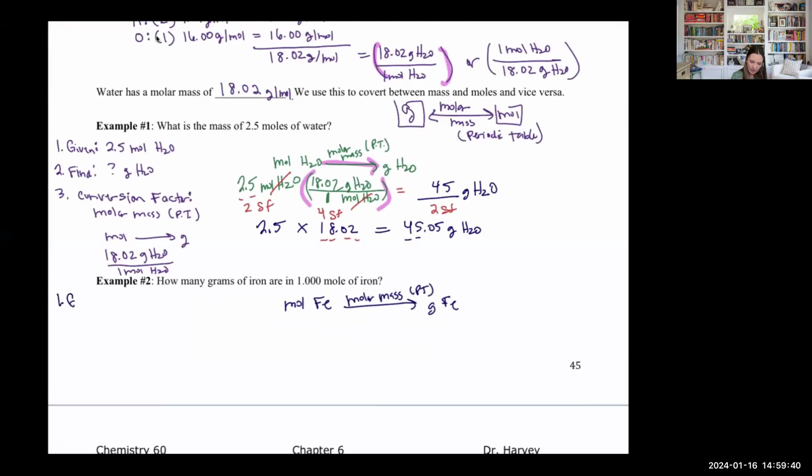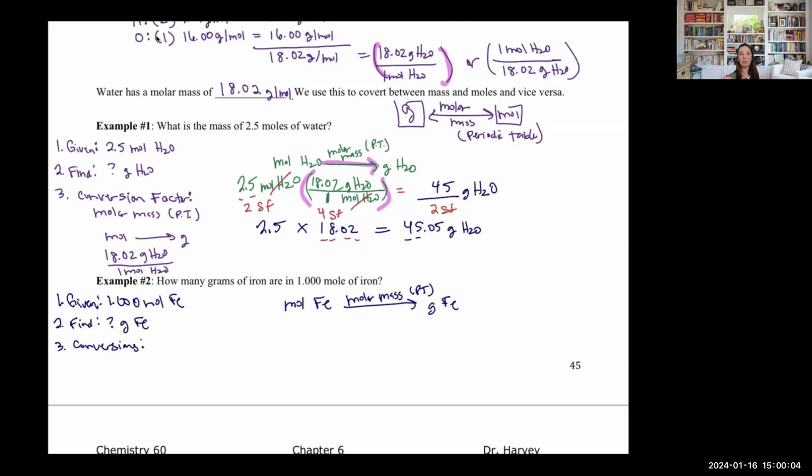So number 1, we're given 1.000 mol. The abbreviation for mole is mol, the E is dropped, of iron, to find how many grams of iron. 3, my conversion.